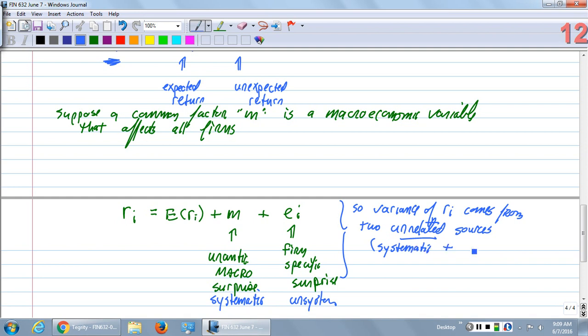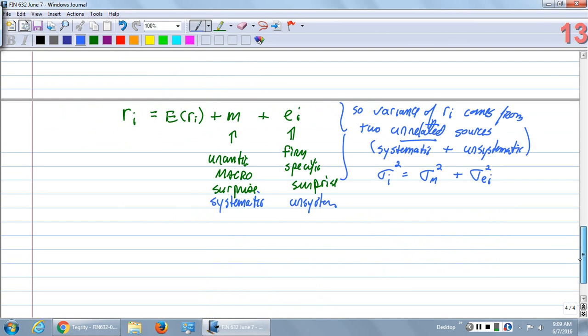One is market, one was a firm-specific surprise. So we can write then that the variance, which is sigma, if you remember, so the variance of our returns is equal to the variance of the macroeconomic variable plus the variance of this firm-specific surprise.